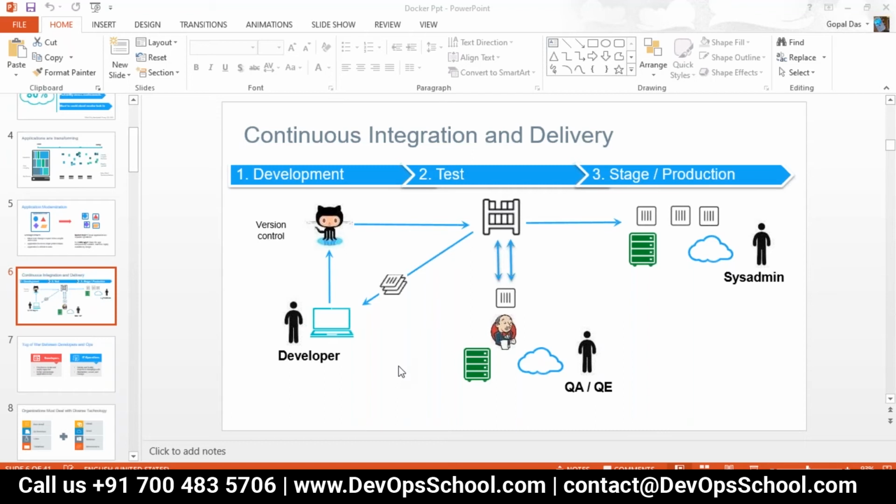What is CI/CD? What is continuous integration, continuous delivery?